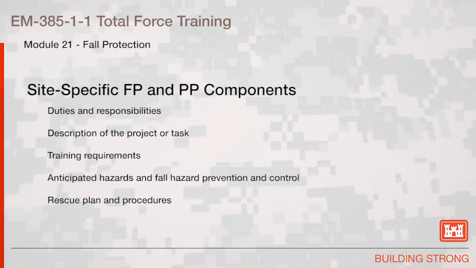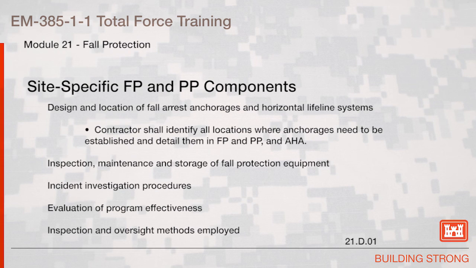Site-specific fall protection and prevention program components. Contains the duties and responsibilities, description of the project or task, training requirements, anticipated hazards and fall hazard prevention and control, rescue plan and procedures, design and location of fall arrest anchorages and horizontal lifeline systems.